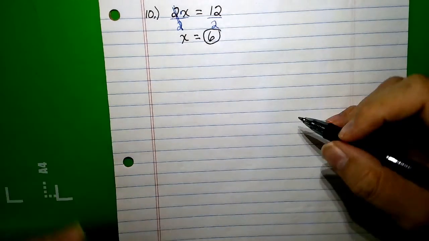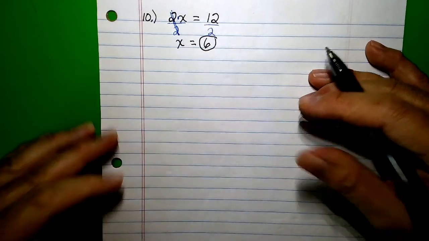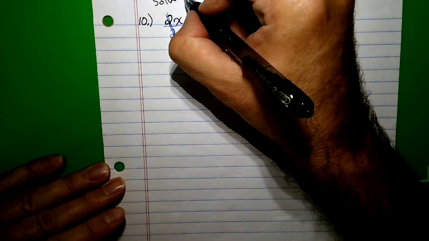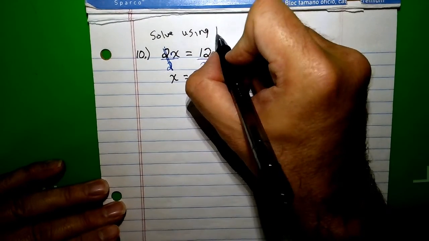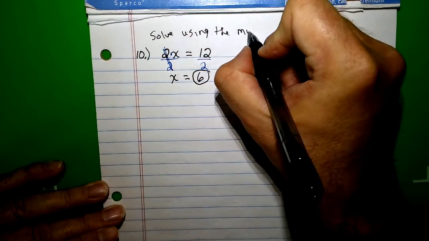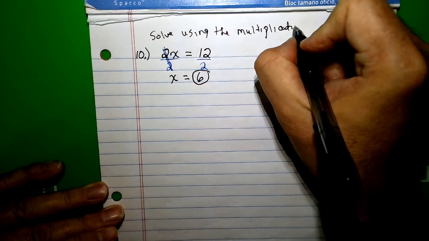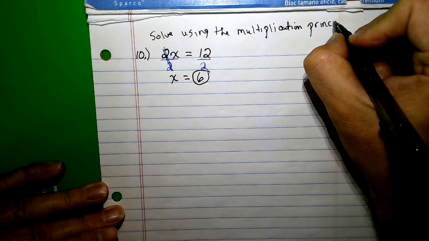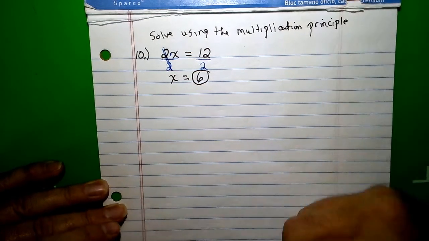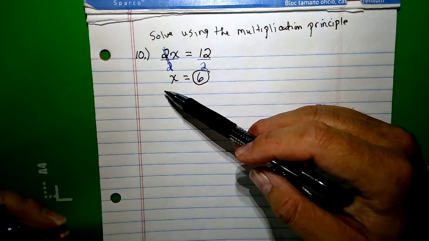X equals 6. You'll see perhaps this problem, it might say solve, or it might say solve using the multiplication principle. And you might say, well, wait a minute. We're not really multiplying, we're dividing. Yeah, dividing by 2 could be thought of as multiplying by a half.